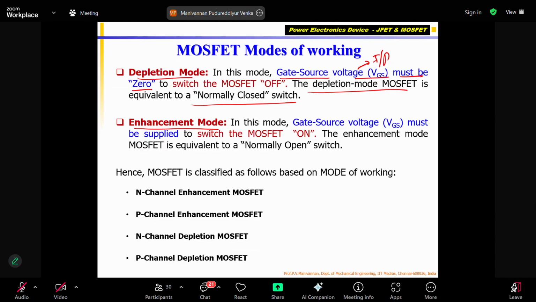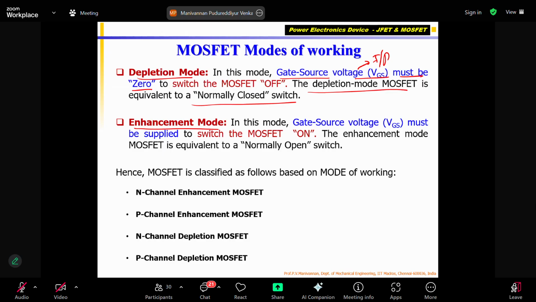For controlling AC motor, DC motor, all those things we will do that. So MOSFET can be used as a switch or it can be used as an amplifier also.